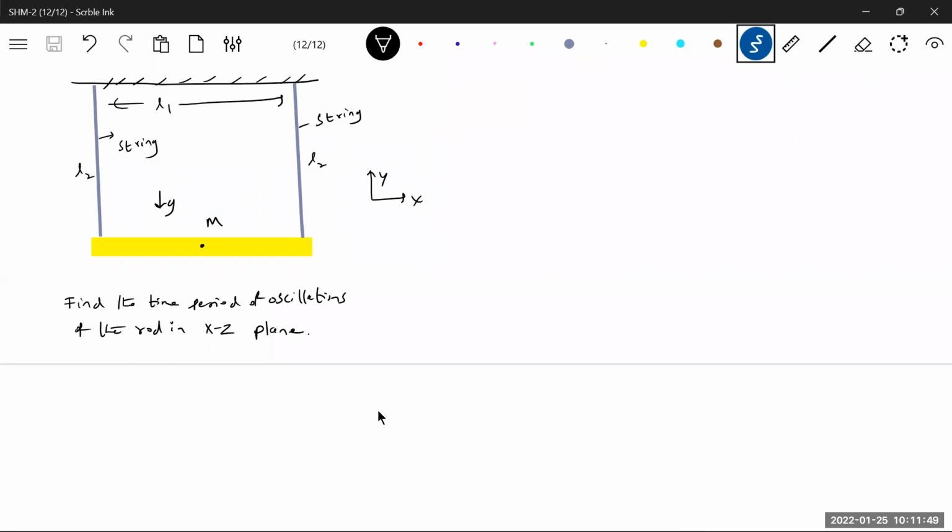Definitely there's a string and there's a rod. First we have to see how it will oscillate. We'll take some reference diagram.